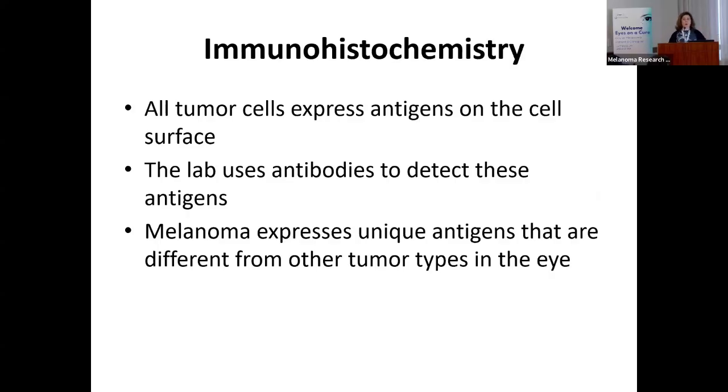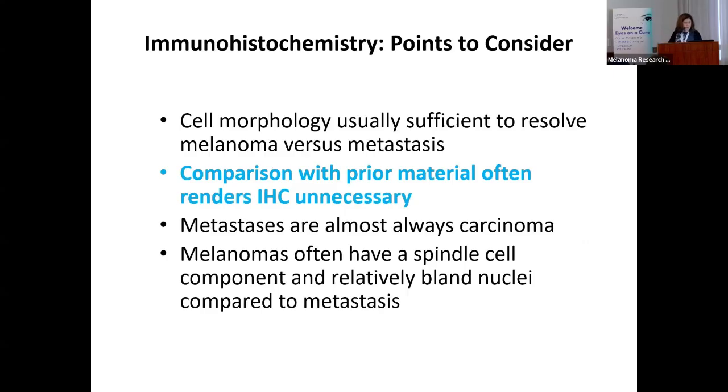So melanoma tumors express certain things on their surface that we have antibodies to, and we can detect, and we can say, this doesn't really look like the typical melanoma, but it's expressing all of these melanoma antigens, we call them. And melanoma's signature is different from all of the other tumors that can happen in the eye. So then it can help us say, absolutely, this is melanoma.